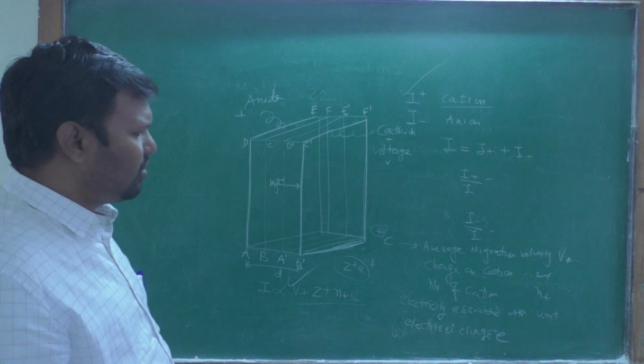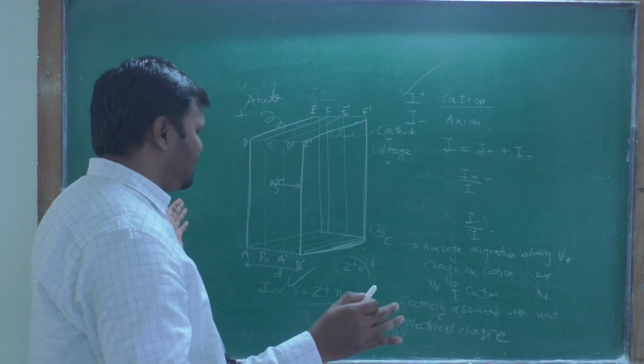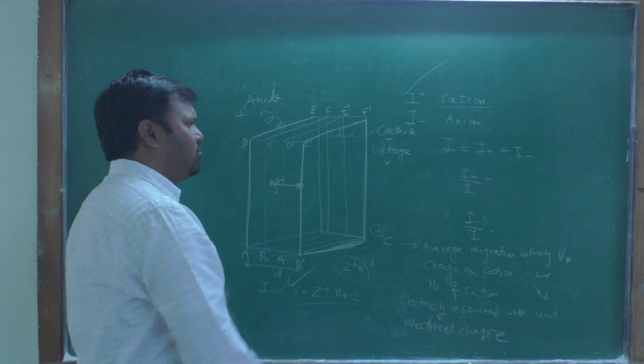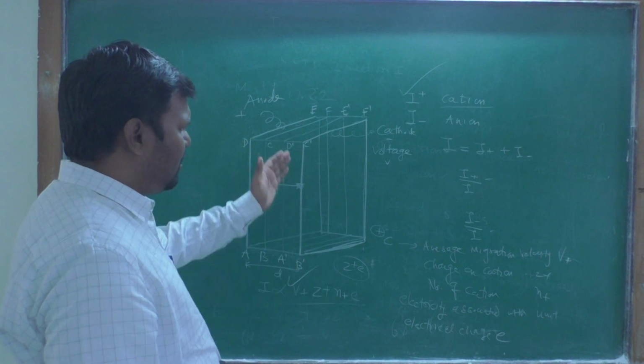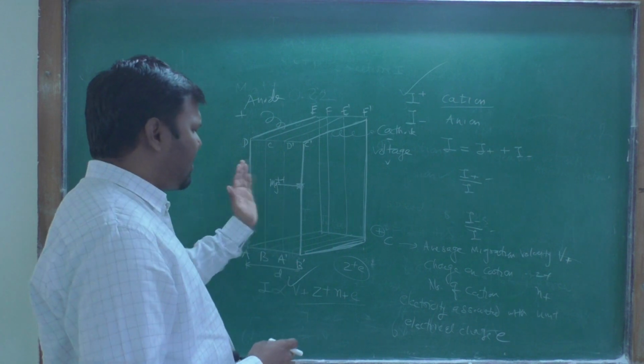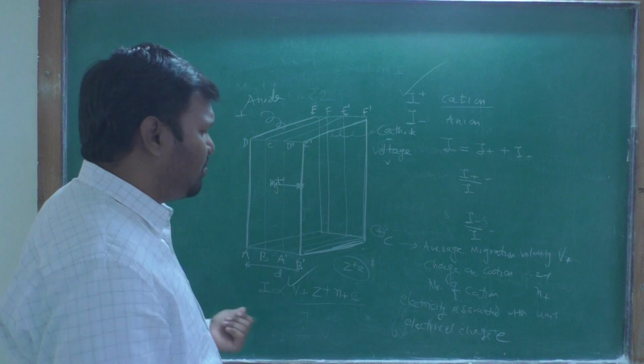If the distance increases, Mg plus plus requires more time to deposit on the cathode electrode, so less current is produced, because the more quickly it deposits on the cathode, the more current it gives.